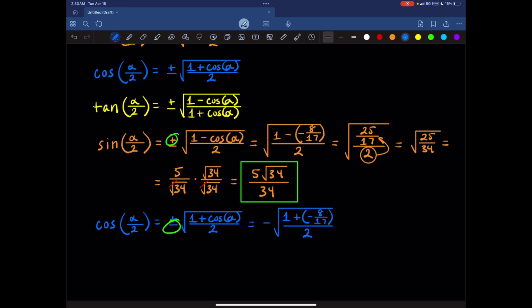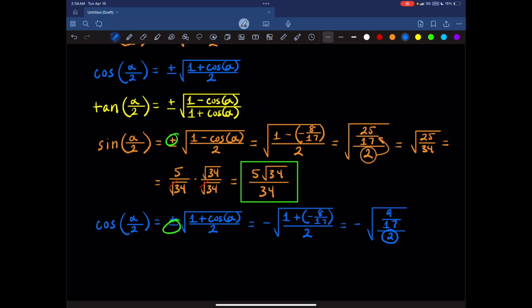Okay, let's do some mental math. 1 is 17 over 17. 17 over 17 minus 8 over 17. That's 9 over 17. So this is going to be negative square root of 9 over 17, which is also over 2.